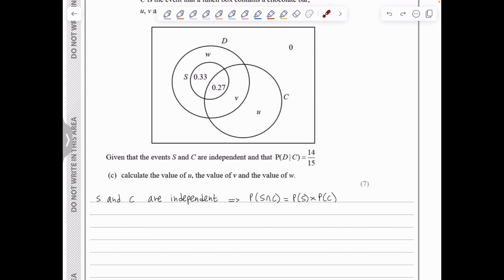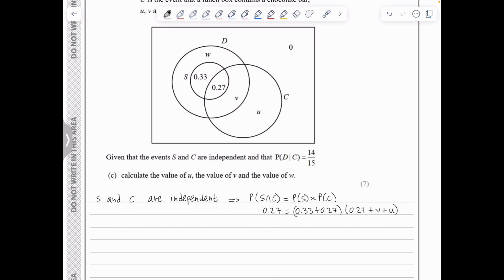So we can see that the probability of S intersection C is the 0.27, and we've got 0.27 is equal to the probability of S, which is 0.33 plus 0.27, times the probability of C, which is 0.27 plus V plus U.